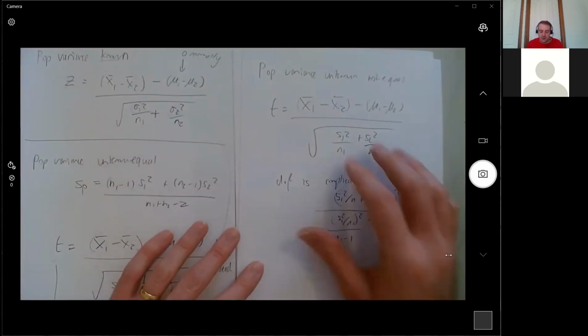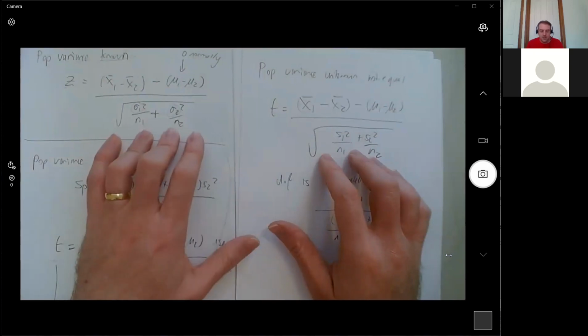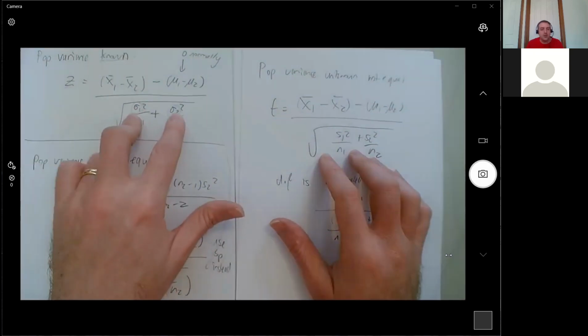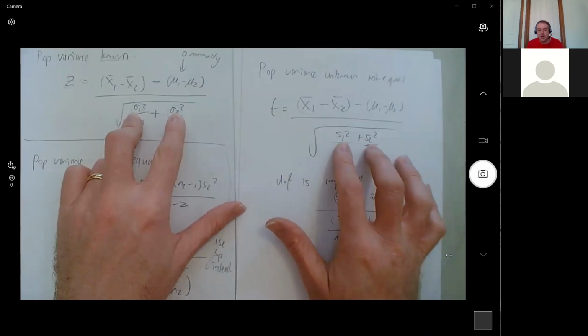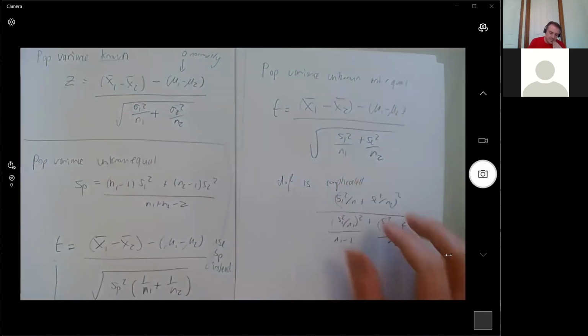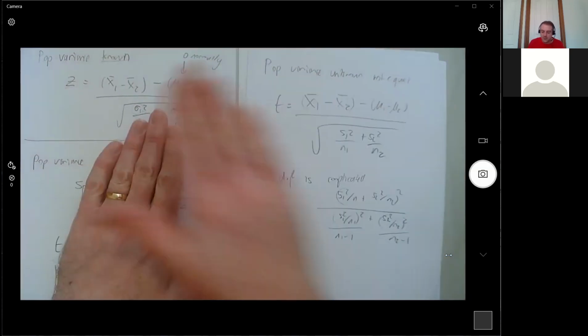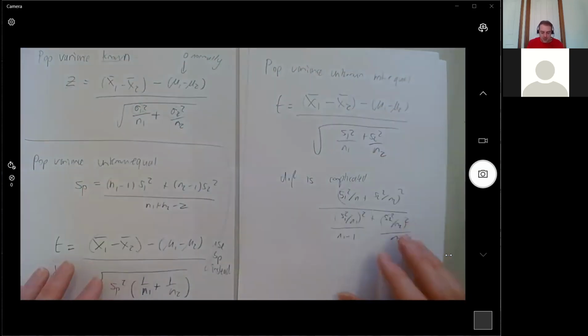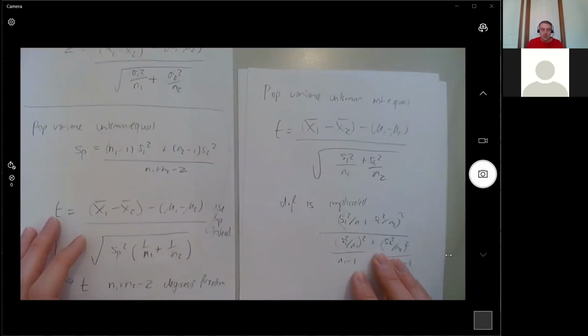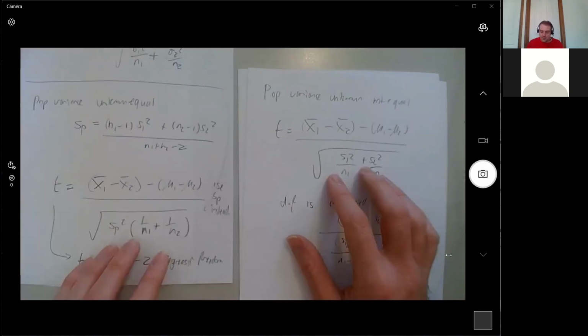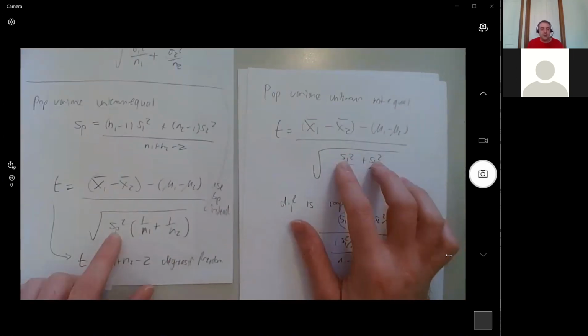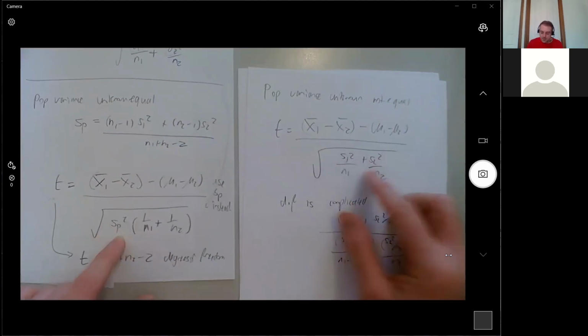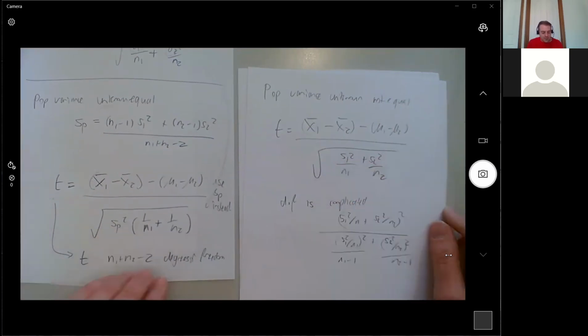Okay, so this one is almost identical to that one, but this one uses the known population variances and this one uses the unknown sample variances. Okay, so these are identical to each other. These two are the same, except that if these S1 and S2 are both equal to SP, then they would be the same. Okay, this degrees of freedom is N1 plus N2 minus 2.